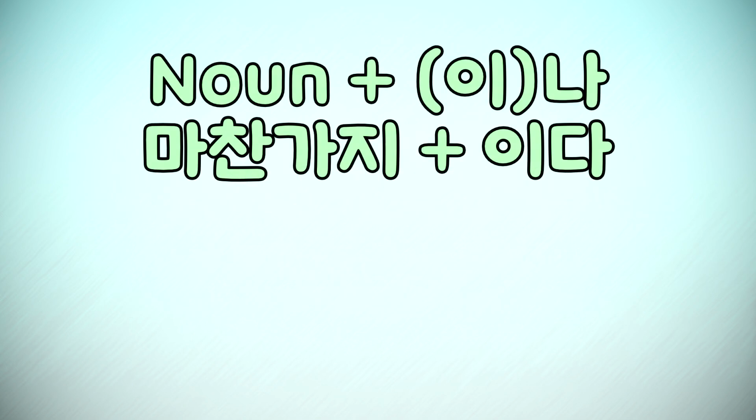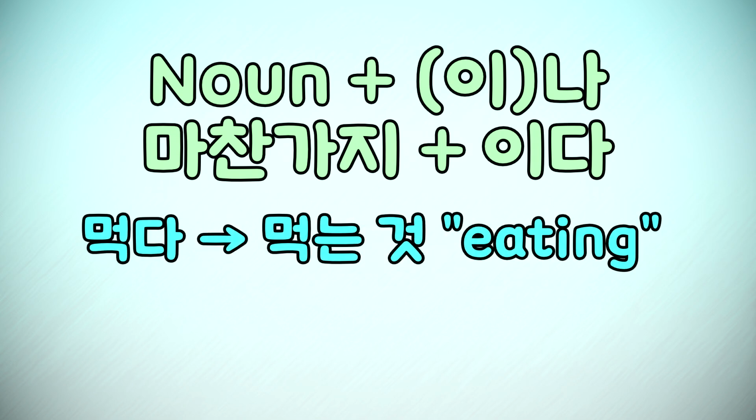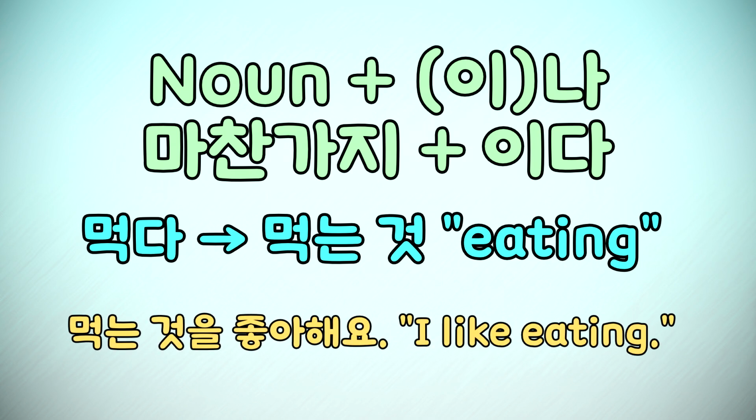Okay, now there's one more type of noun that we're forgetting, and that's a noun with a verb attached. Specifically, I'm talking about the noun 것, meaning thing, which is how you change any verb into a noun when describing it. For example, 먹다, meaning to eat, can become 먹는 것, meaning eating. So normally you can make a sentence like, 먹는 것을 좋아해요, meaning I like eating.